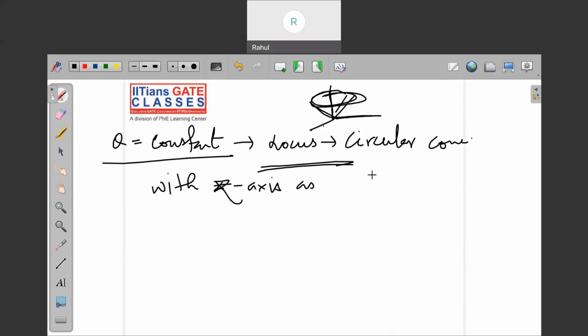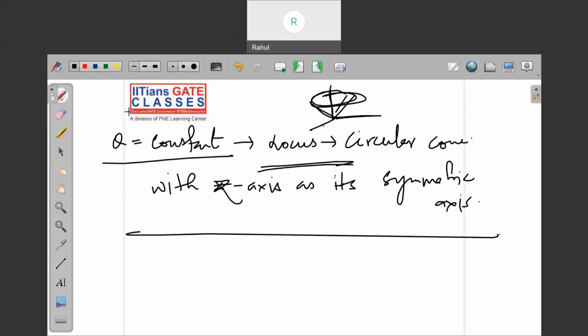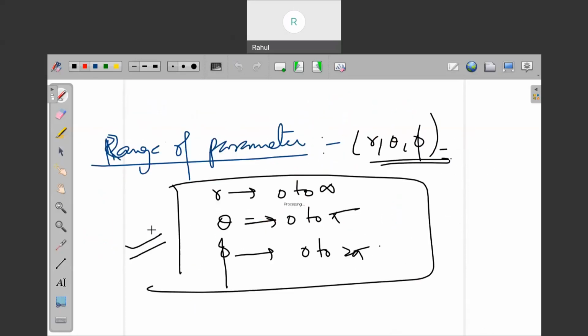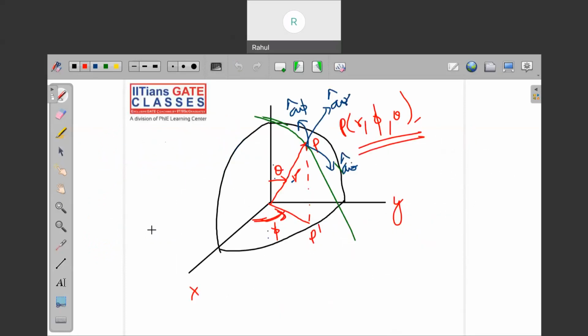Circular cone with z-axis as its symmetric axis, right? Okay. So theta equal to constant is very important. This guy is very important, right? So in the examination, they might ask locus as well, right? Please keep this in mind.